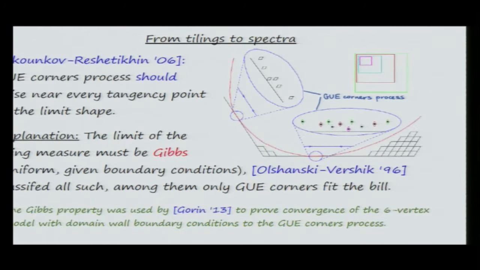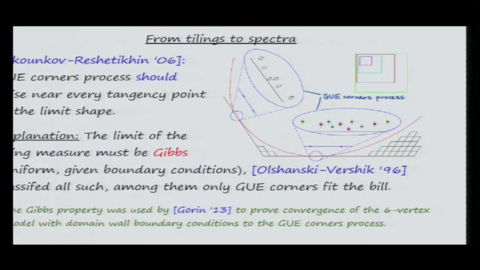All right, so now what's the corollary? What's the connection between the two things that I showed? So I think it's best phrased by the general principle of Okounkov and Reshetikhin, who stated it a few years ago, and they say approximately the following. If I look at the tilings by these rhombi, again, it can be carried over to other lattices.